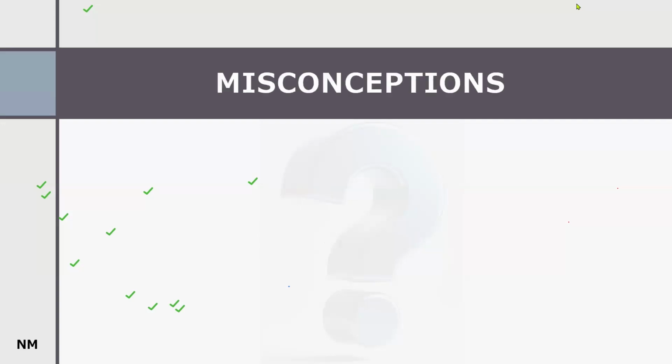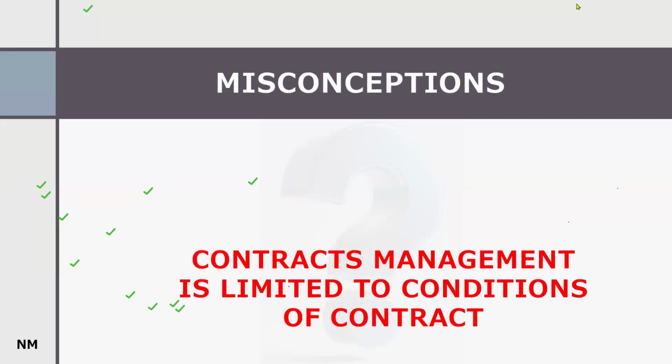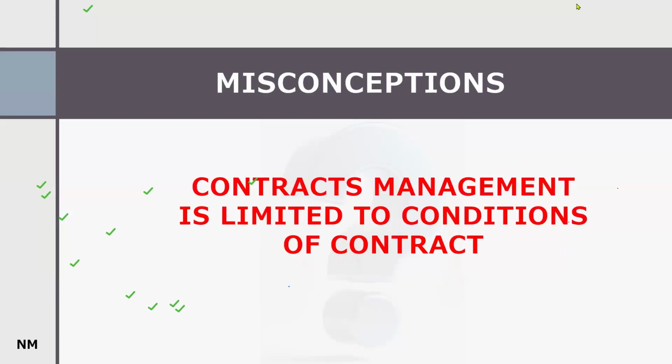So before winding up, I want to clarify one misconception regarding contracts management, which I see among most of the practitioners in the field. Most of the time, people think contracts management is limited to the conditions of contract.